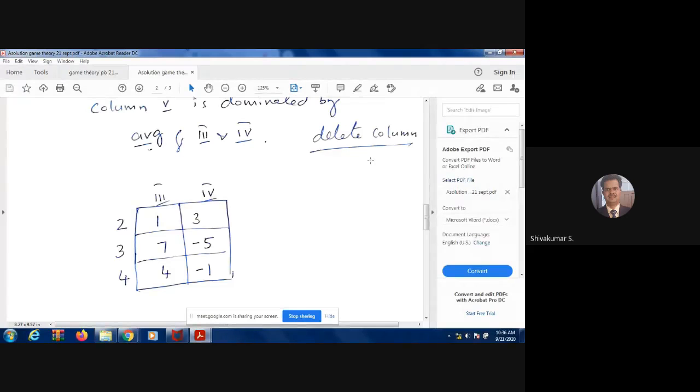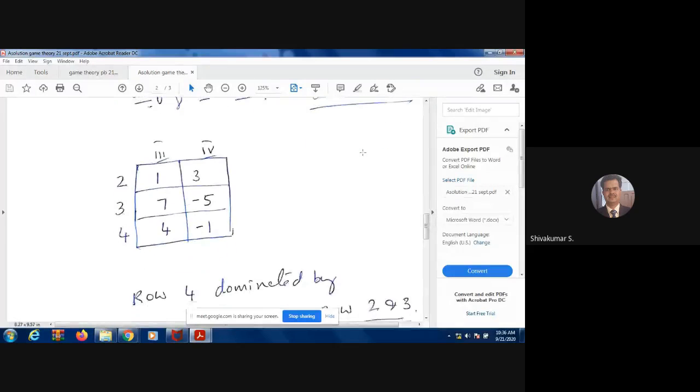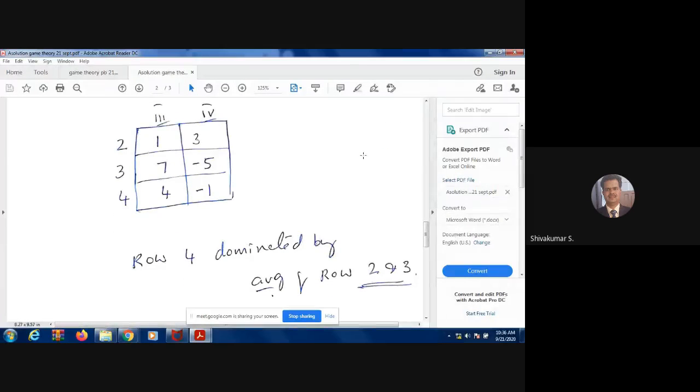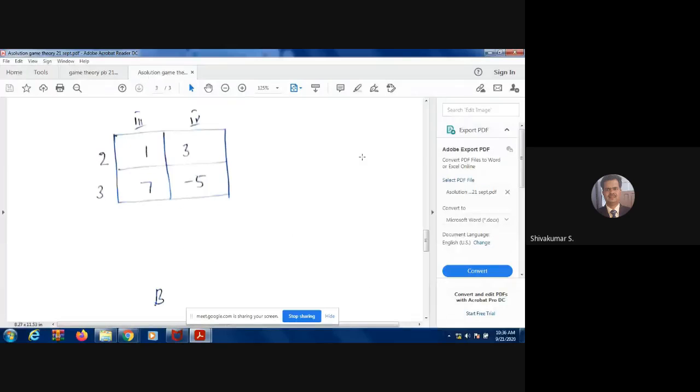Okay, sir. Now, row 4 is dominated by the average of row 2 and 3. Now you have got this matrix: 2, 3 and 3, 4, that is 1, 3, 7, minus 5. I hope all of you got this matrix.